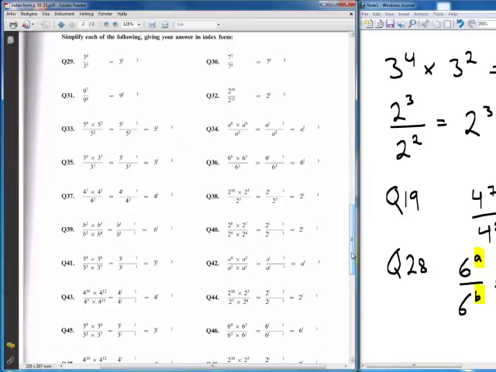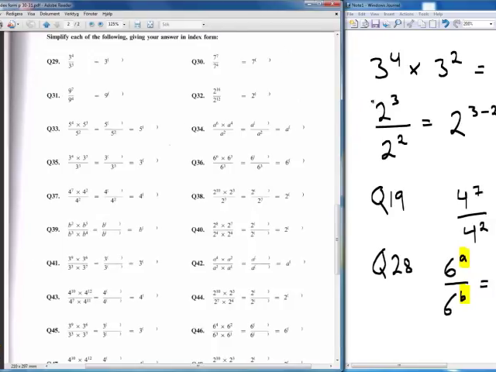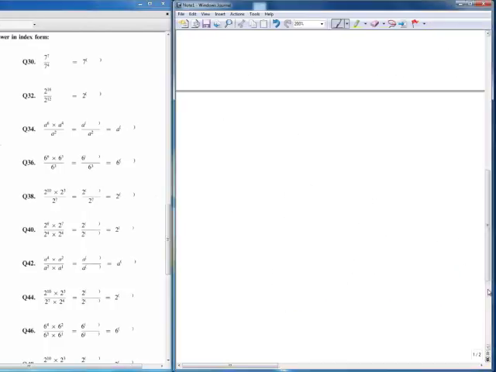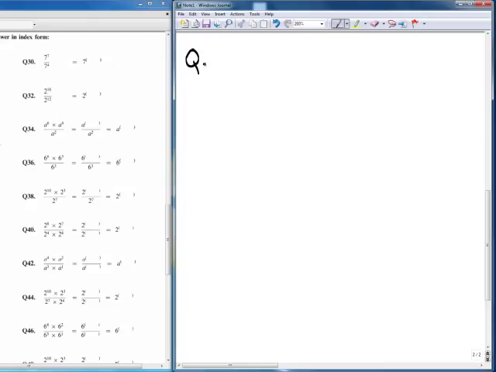On this page we have a couple of examples that require a little more calculations before we have an answer. Let's take question 33, for example.